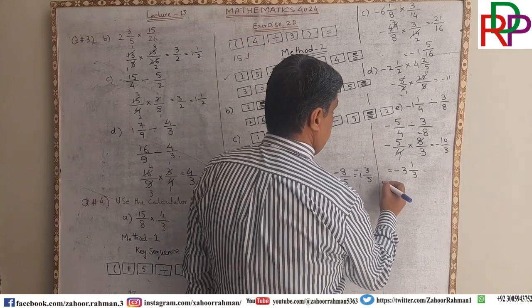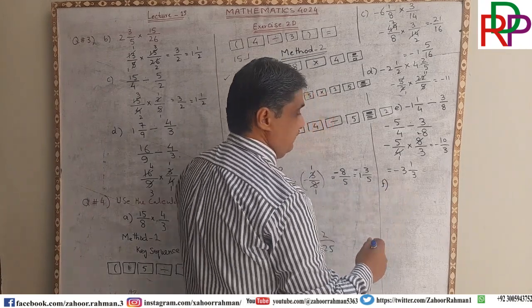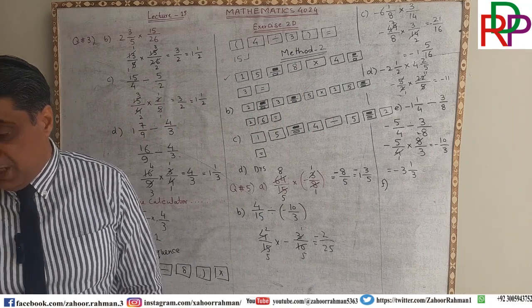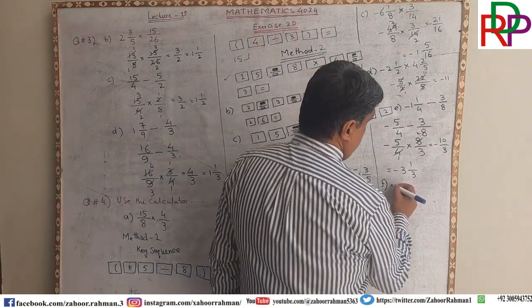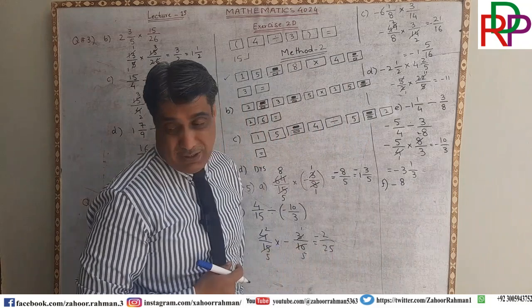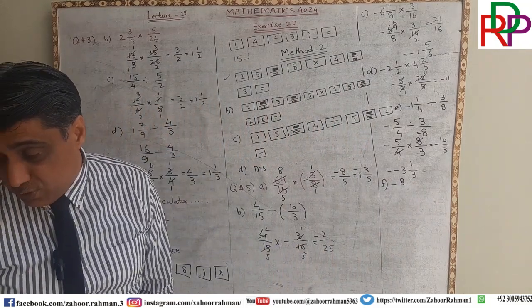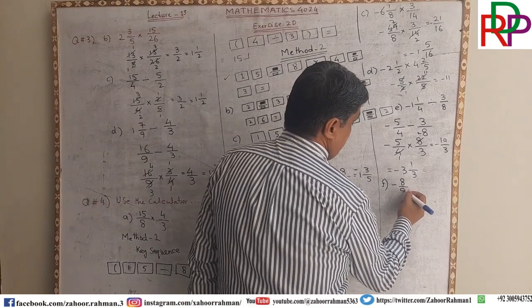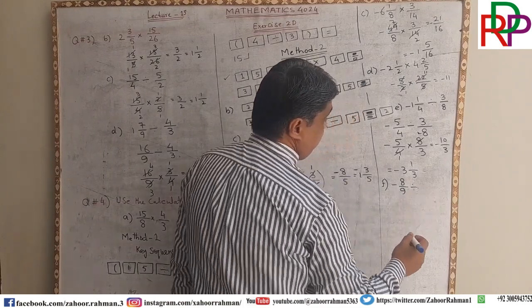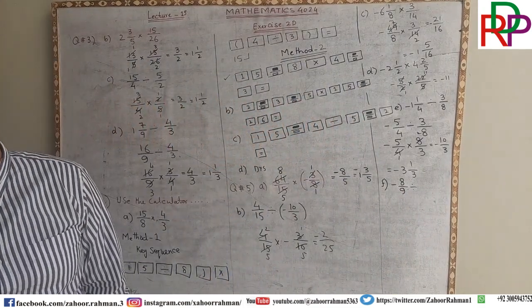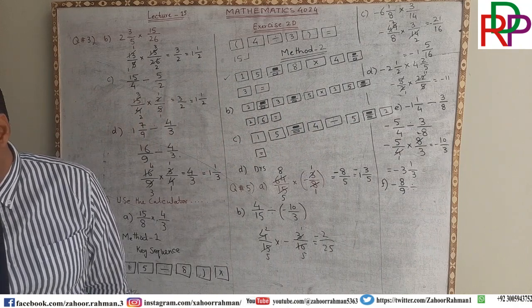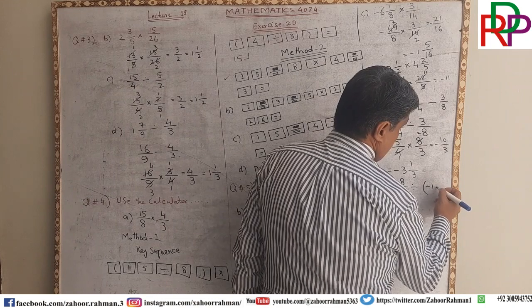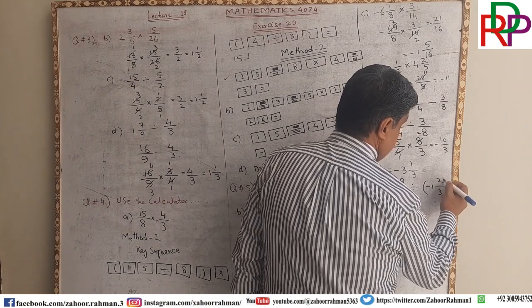Now we are doing part number F, and in part number F we are going to do minus 8 over 9 divided by minus 1 whole 2 over 3.